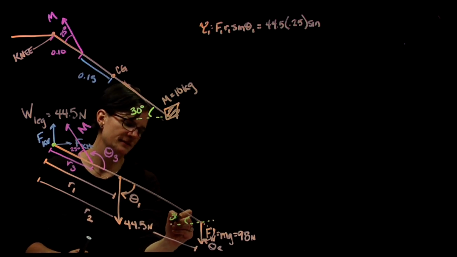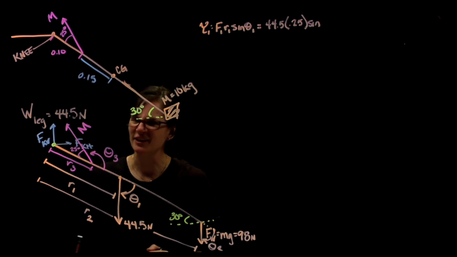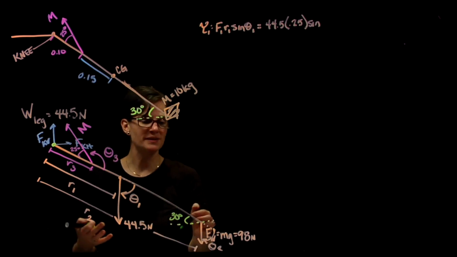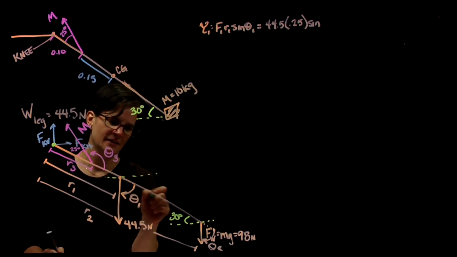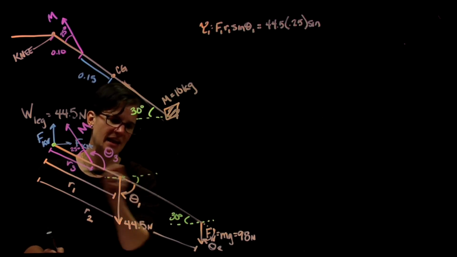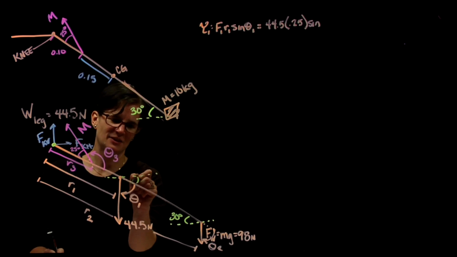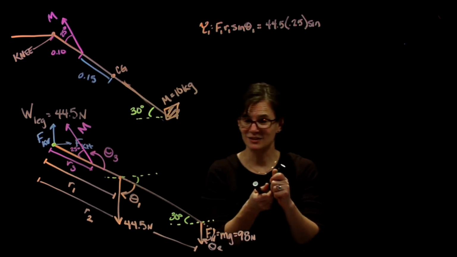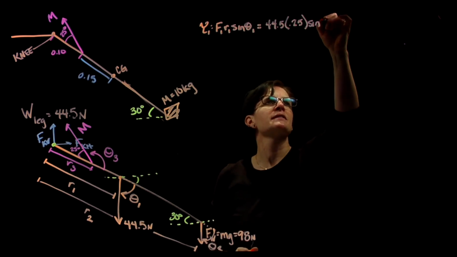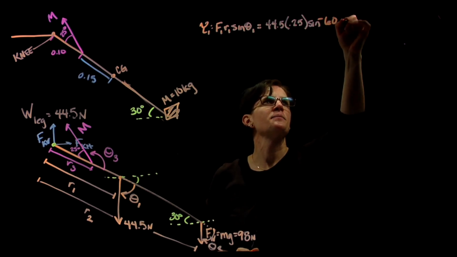There are lots of ways to figure out the angle. I like to be consistent, so that's a parallel line. That makes this 30 degrees, and that makes this 60 degrees. It's in the negative direction, clockwise, so the sine of negative 60.